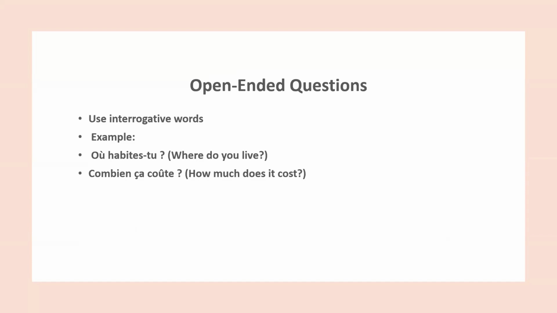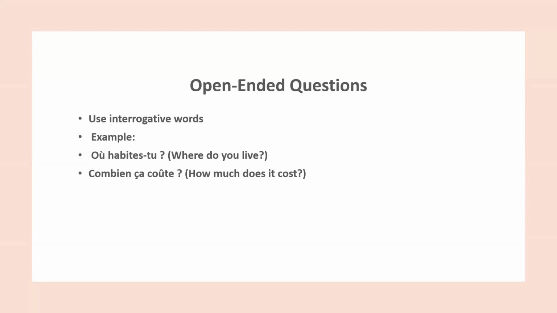So the next one is open-ended questions. These cannot be formed with only est-ce que or inversion or intonation. These are used with interrogative words, of course. So when I ask "où habites-tu?", they're going to say I live somewhere.